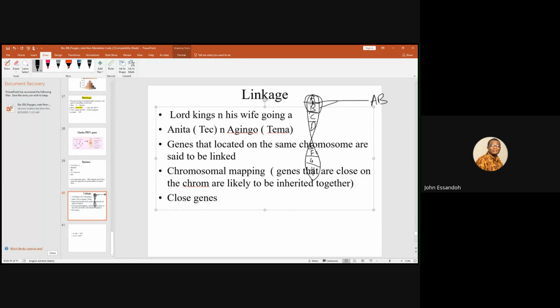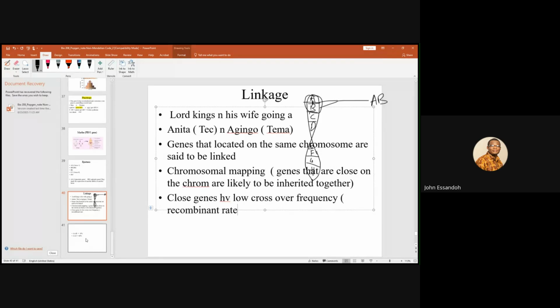Close genes have a low crossing over frequency, or recombinant frequency. Remember, crossing over recombinant frequency, or recombinant rate.